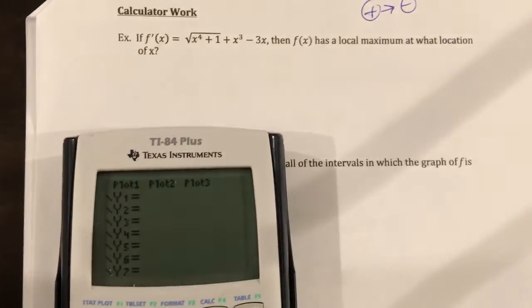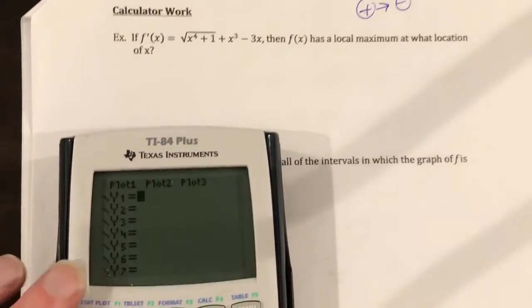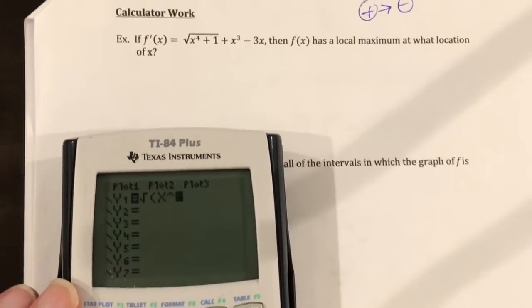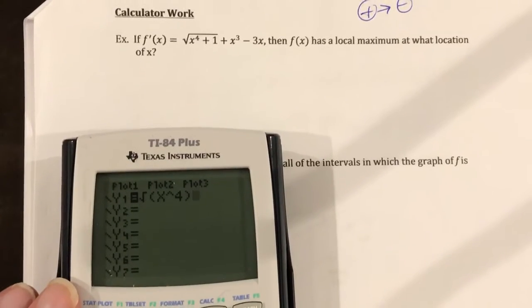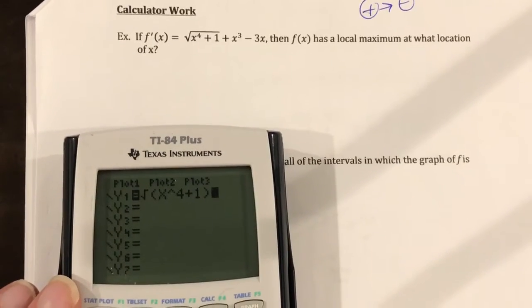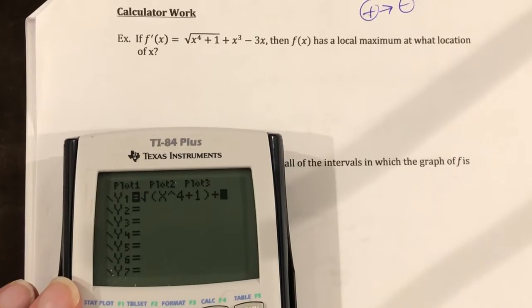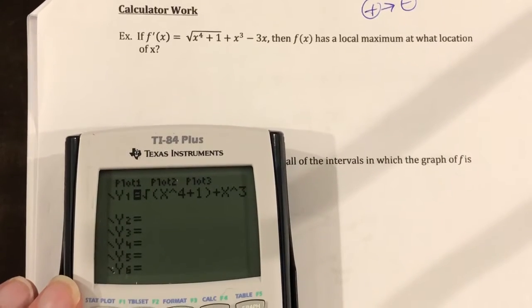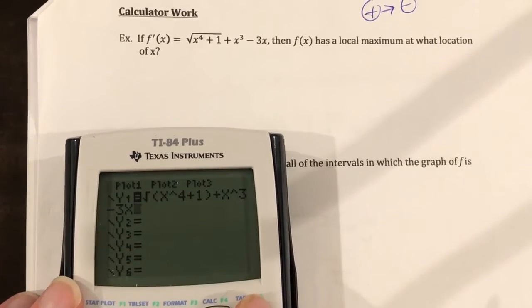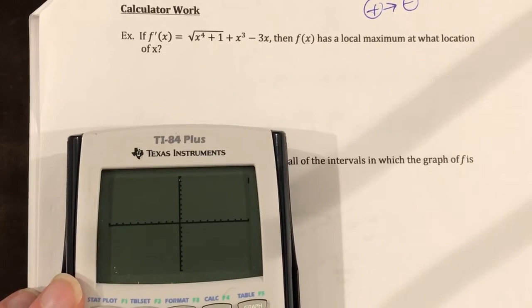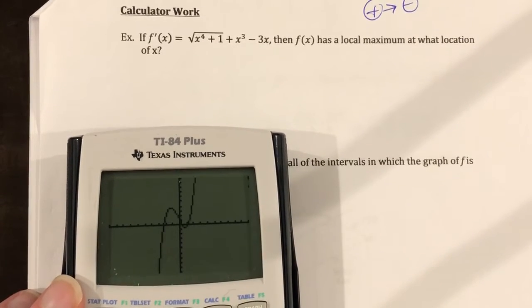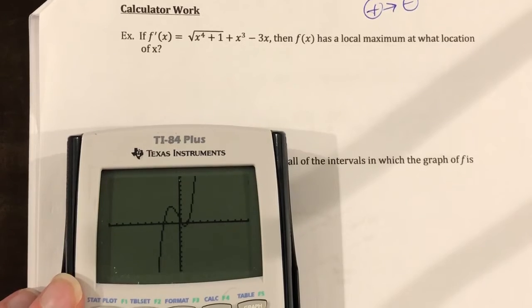I'm going to zoom in just a little bit. I'm going to put this into y equals square root of x to the 4th plus 1 plus x cubed minus 3x, and graph it. I'm looking where it goes from positive to negative.